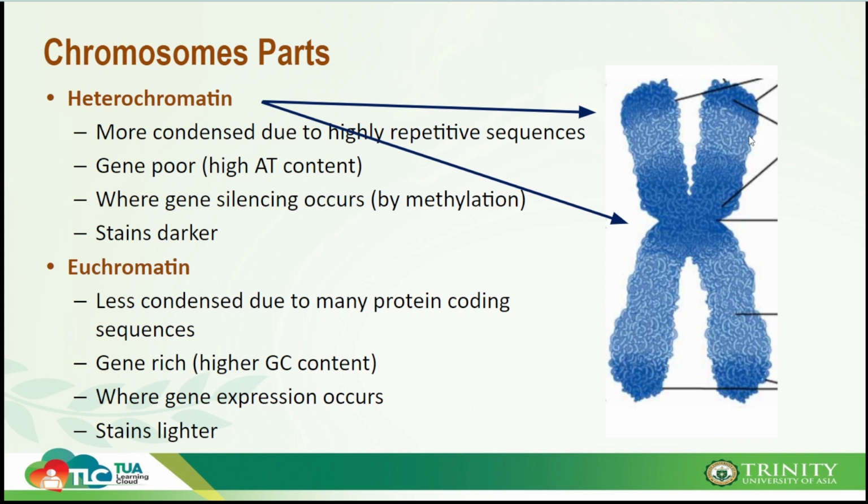While the lighter staining parts are what we call euchromatin. So si euchromatin naman, it is less condensed because it contains more protein coding sequences. Meaning, there are more traits found or encoded in your euchromatin. And why are they gene-rich? Because there are more guanine and cytosine found in those areas.